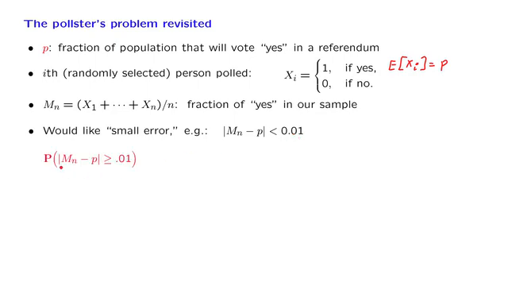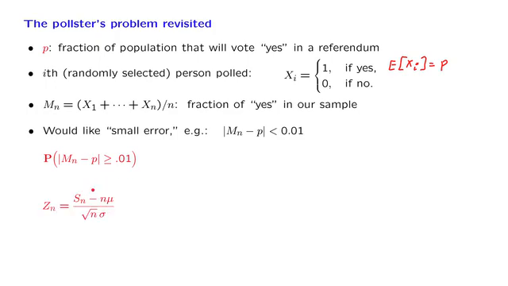So we look at the probability that our estimation error is larger than what we want. This is the case that we do not meet the specs, and we would like this probability to be small. And one possible question is what the value of n should be in order to meet these specs. But in order to do any calculations, we first need a way of approximating this probability. And we will do that using the central limit theorem.